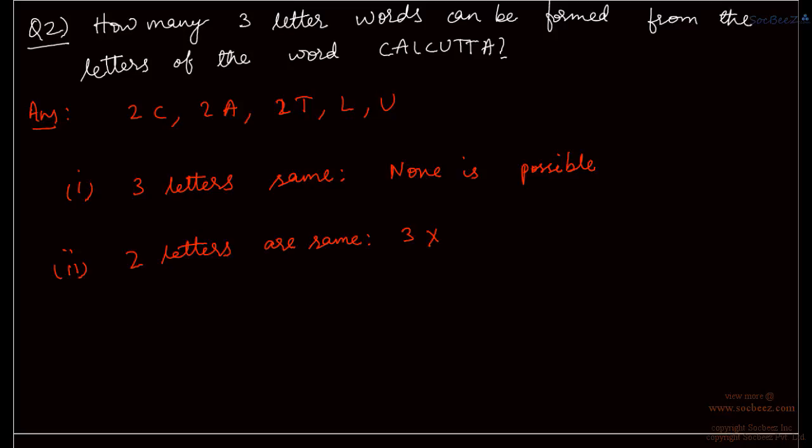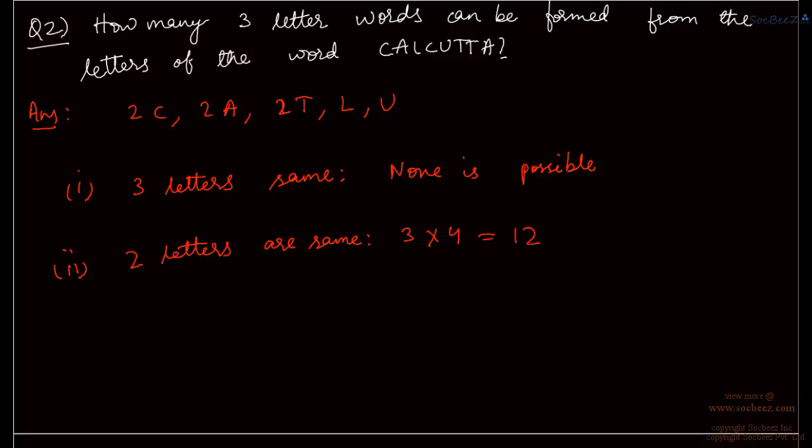Let's say we have chosen C. So we have written CC as our 2 letters of the word. Now we have A, T, L and U. Since A and T have 2 letters but both are indistinguishable, we have a total of 4 different letters, right? So there are 12 different selections possible, right?